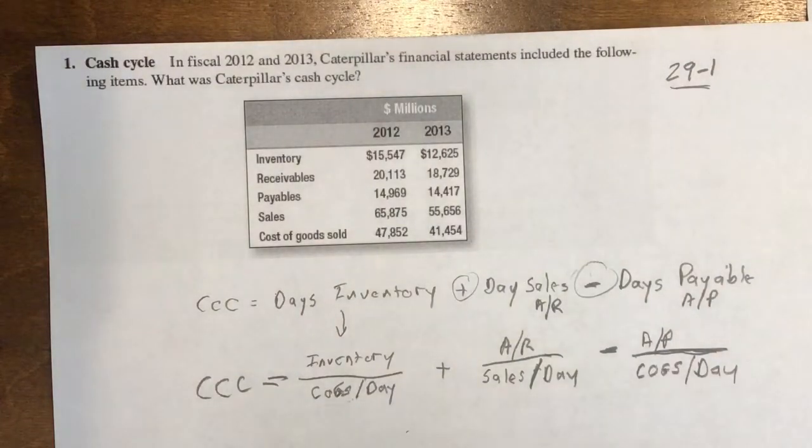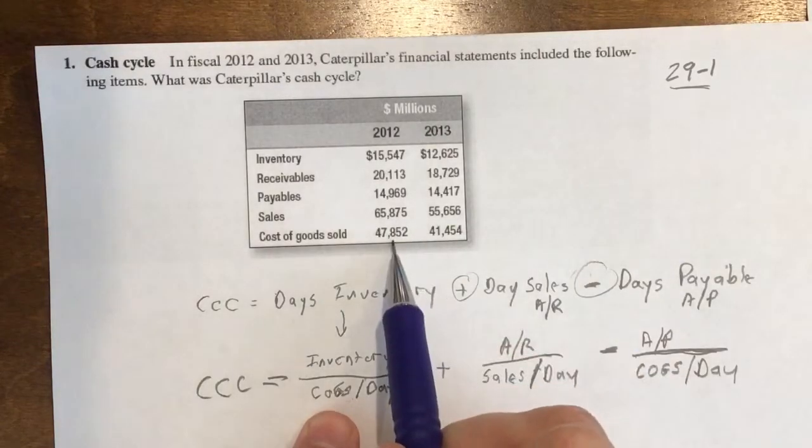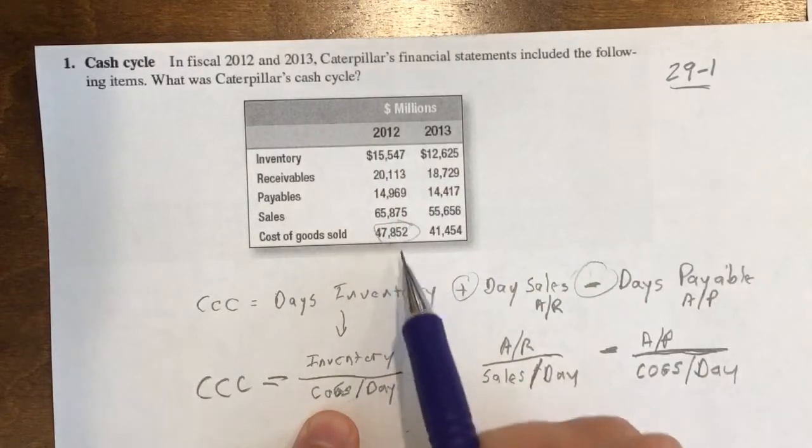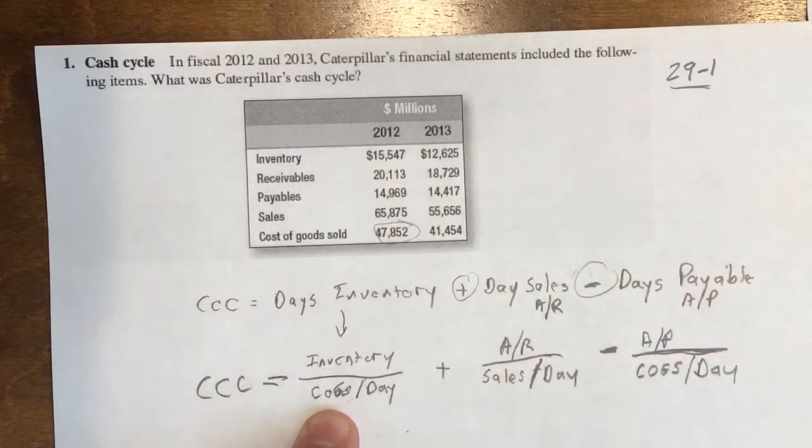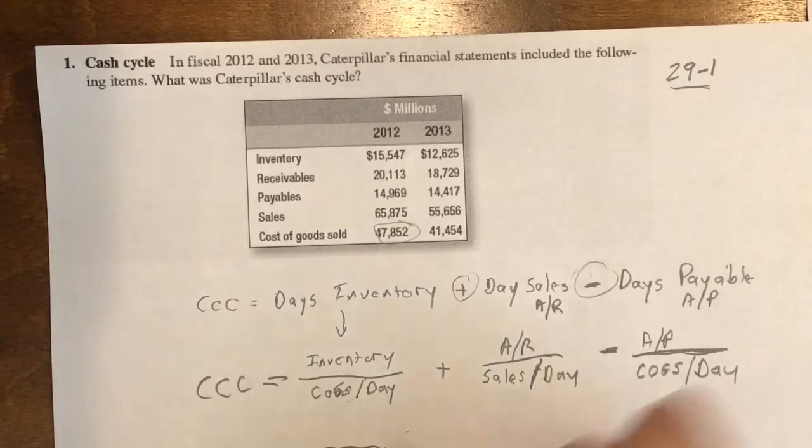So check your textbook to make sure they use this same formula. They may state it a little differently, but double check all this. Let's just use some simple examples. Let's say your cost of goods sold every day. In this case, these are annual statements, so we take that and divide it by 365. But let's just use a simple example. Let's say your cost of goods sold per day is $100, and your inventory is $1,000.